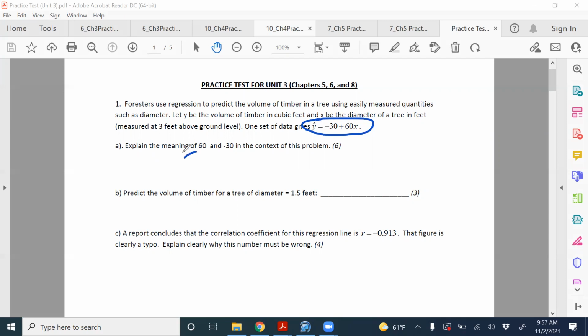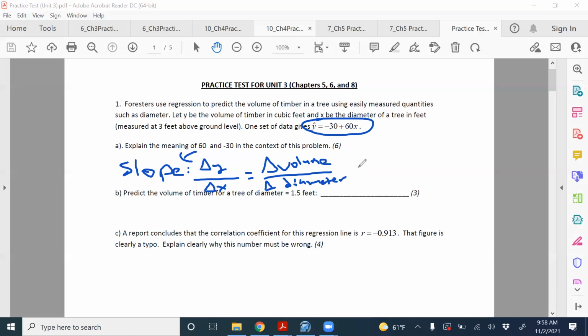So 60 is our slope, right? Remember, slope is a change in y over a change in x. Now, what does y represent? Y represents the volume, so it's a change in volume. What does x represent? X represents the change in diameter. And the value, of course, is 60.